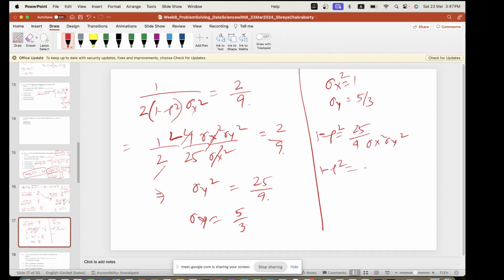So 1 minus rho square will be 25 by 4, sigma x square is 1, sigma y square is 25 by 9. So this would cancel. 1 minus rho square would be 9 by 4, then rho square would be 1 minus 9 by 4. No, something is off here, some calculation mistake I'm doing. Rho square can never be negative.